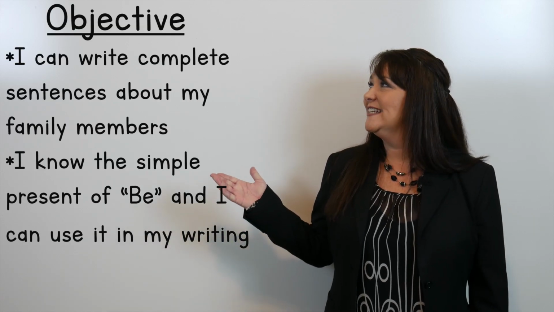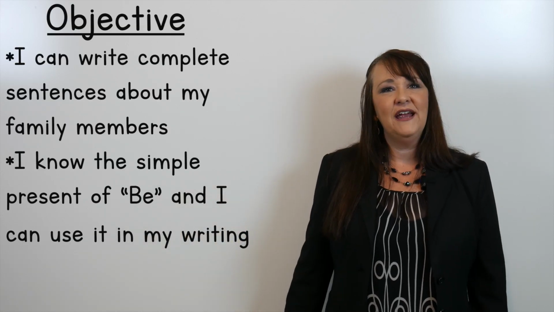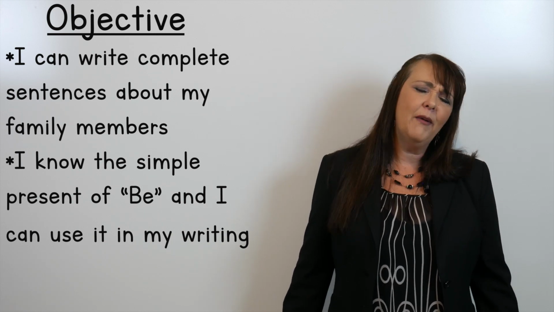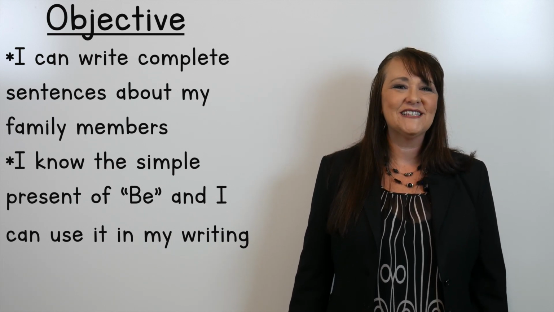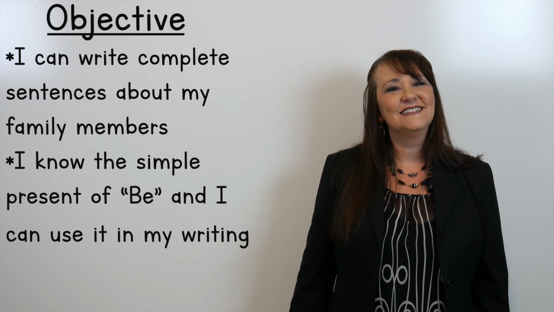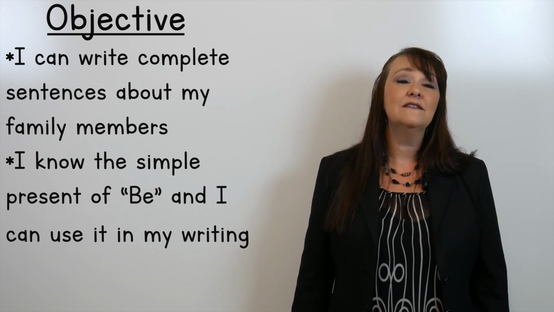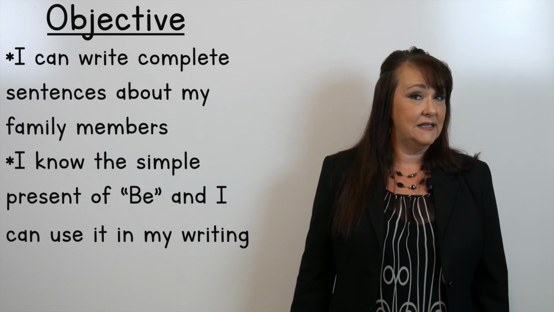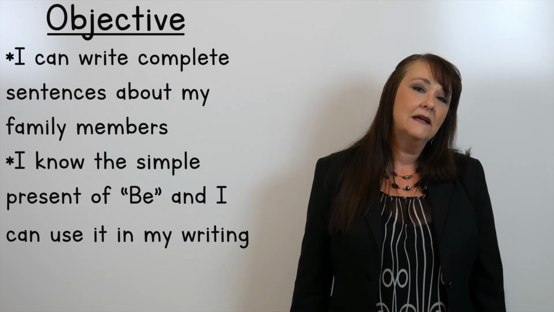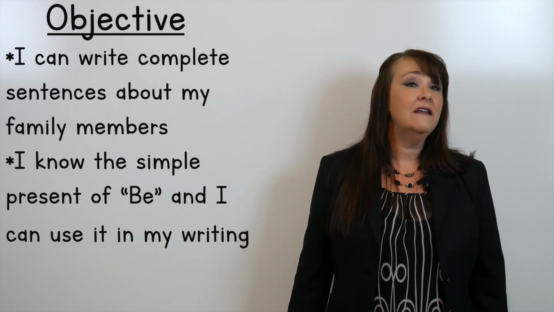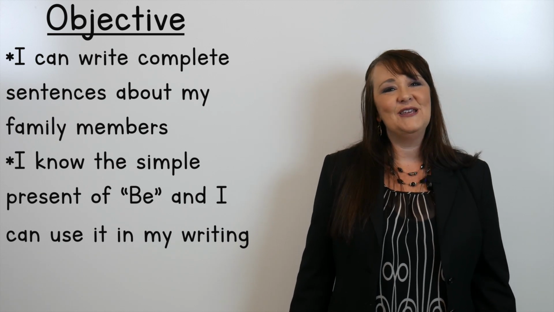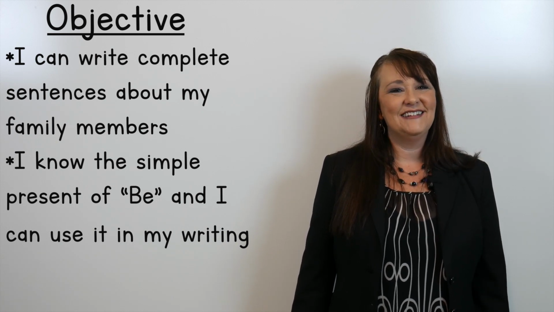That first objective says, I can write complete sentences about my family members. We practiced that. And the last objective says, I know the simple present of be, like is and are, and I can use it in my writing. If you'd like more practice with that, you can again practice writing those sentences or making up some of your own.